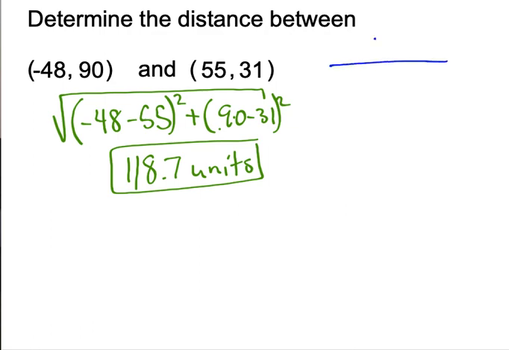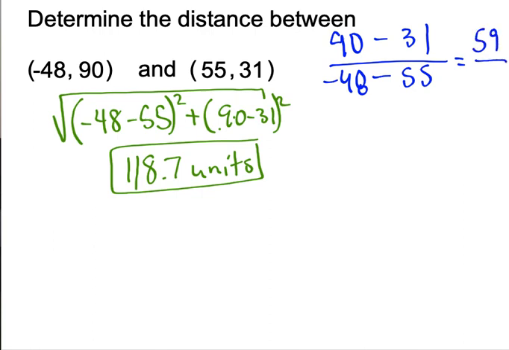Now, you could also use the idea of slope to get the changes. Maybe I would do 90 minus 31 and negative 48 minus 55. 90 minus 31 is 59, and negative 48 minus 55 is negative 103.